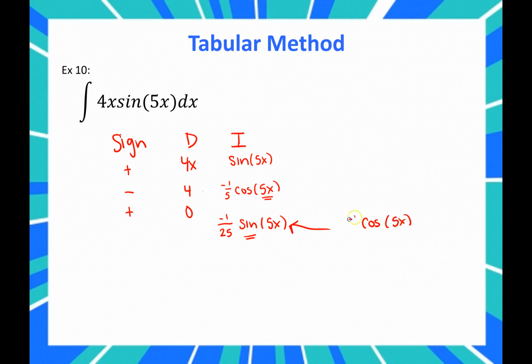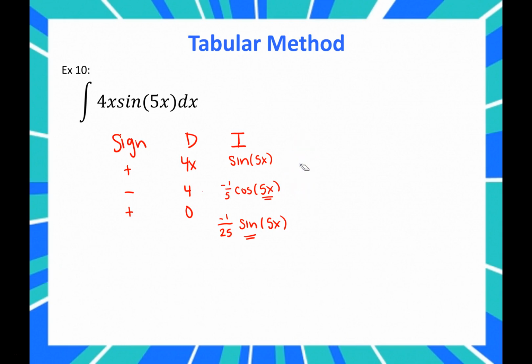Okay, don't forget I had a negative 1 over 25 out in front. And then don't forget to take the derivative of our inside, which is 5. How does this simplify? Well, that would give me a negative 1/5 cosine of 5x, which is a perfect match. So we can definitely take time in class to make sure that you guys know how to find the integral of both this function and that function.